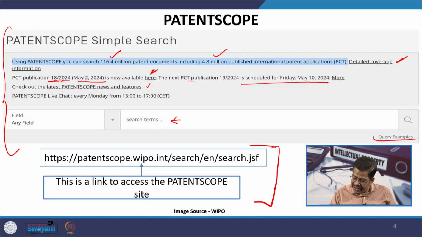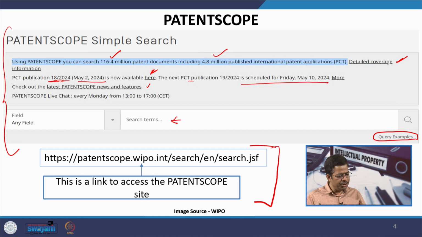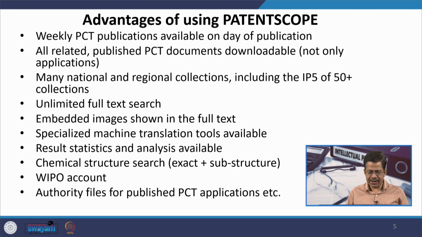There is also a query example section on this page, and in it some very simple texts are there, so that you get a fair idea of what type of outcome to expect using this PATENTSCOPE. Since it is a very huge database, the important thing is that it remains most updated.